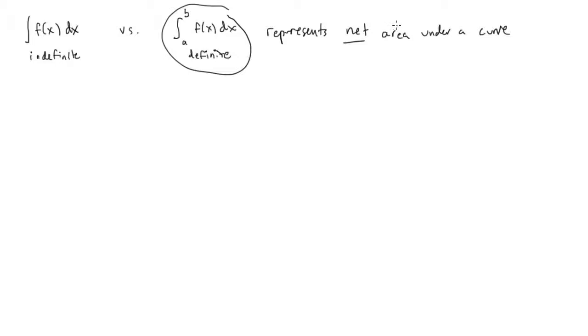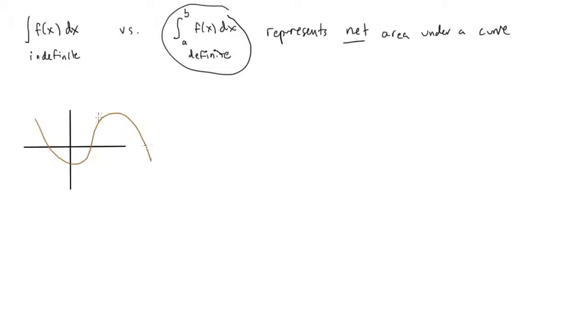Now, I don't actually mean that the area can be negative, but we're going to think of certain areas as counting as negative. So let me draw sort of a picture to illustrate when area can count negative. So if I've got some coordinate axes there, and then I'm going to draw a curve here in brown, and that'll be something like, oh, I don't know, just something like this.